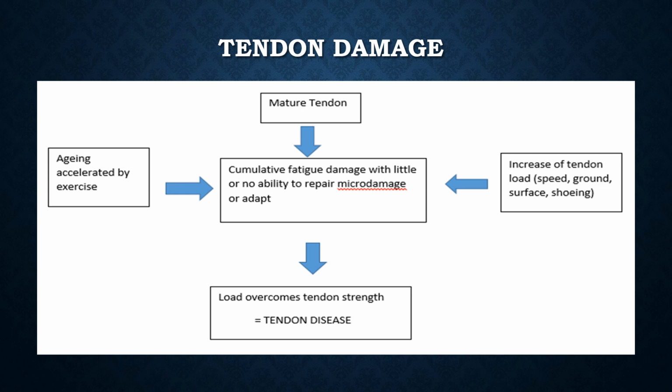Once the peak load on the tendon overcomes its structural strength, there's physical disruption to the tendon matrix. This varies in degree from fibril slippage to fibril rupture, and in some cases complete separation of the tendon tissue. This damage initiates a reparative sequence of events not dissimilar to that in other soft tissues such as skin, which is characterized by phases of inflammation, followed by fibroplasia, which results in the replacement of normal tendon tissue with scar.